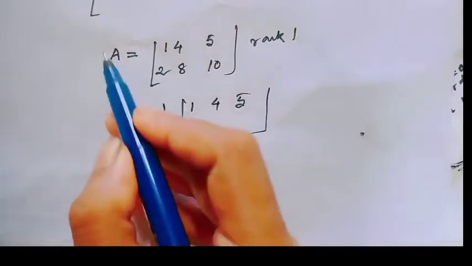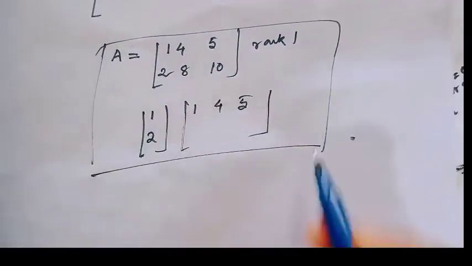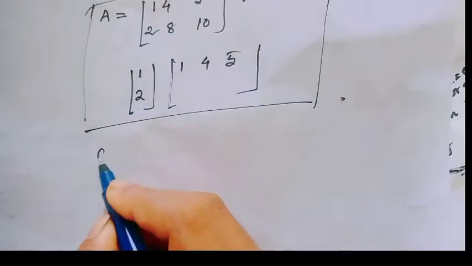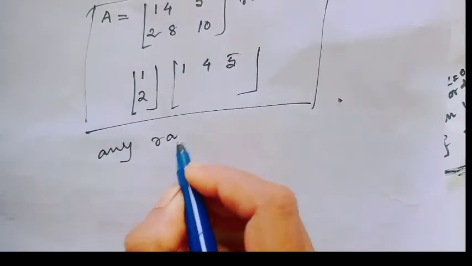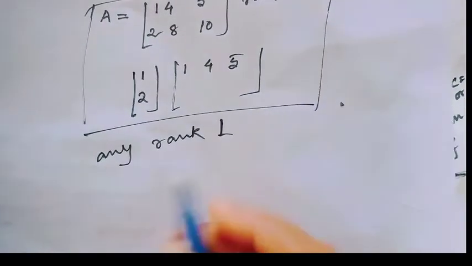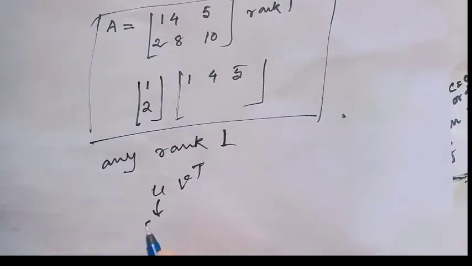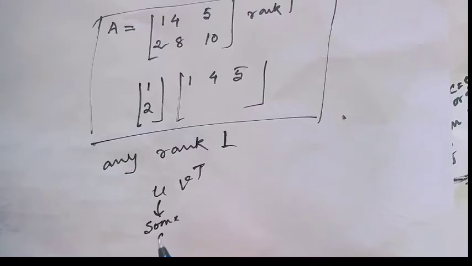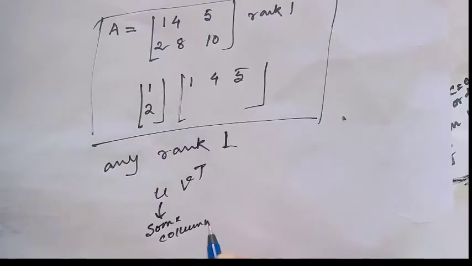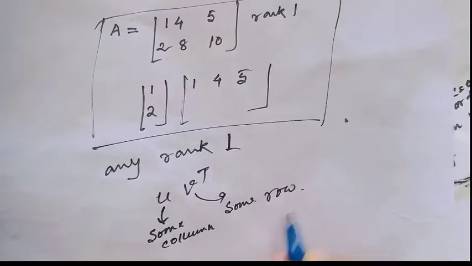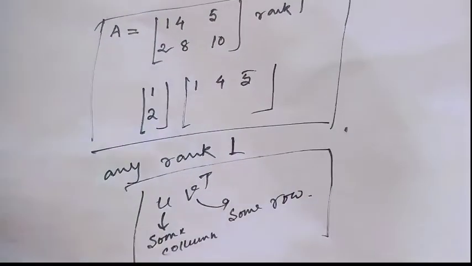This multiplication would be this A. Therefore, we can write any rank 1 matrix as u v transpose, where u is some column and v transpose is some row. This is the notation of any rank 1 matrix.